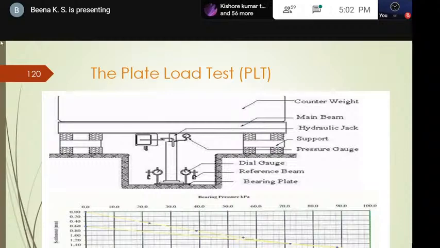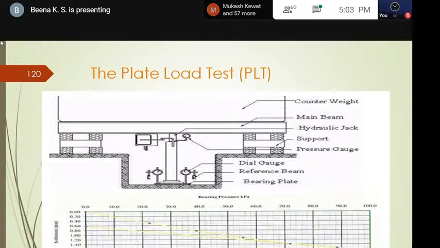That is, after giving the first load increment, we wait for a minimum of 1 hour, or until the rate of settlement is less than 0.2 millimeter per hour. That is, we have to wait at least 1 hour and see that the increment in settlement is less than 0.2 millimeter.